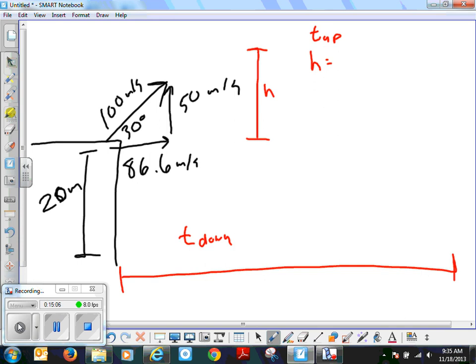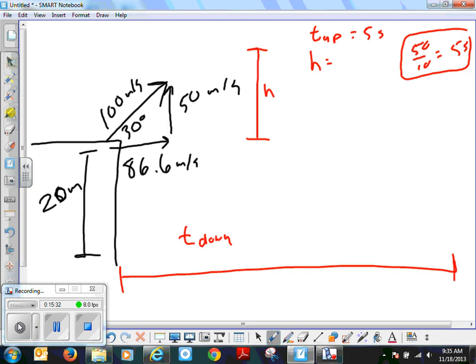So the time up, we already know it's going to be 5 seconds, right? Because negative v sub naught divided by a equals t. So I guess we don't need to do that, did we? Because it'd be 50 divided by 10 equals 5 seconds. So we don't want to do that.